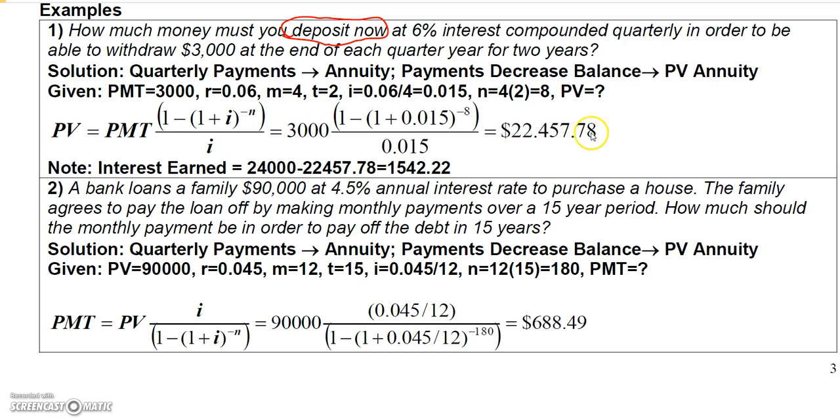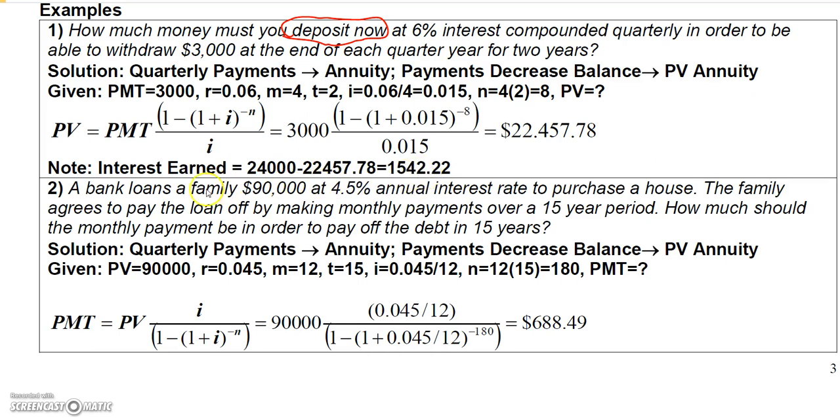But if you think about it, since I'm going to withdraw 8 payments of $3,000, that means I'm actually going to get $24,000 out of this deal, even though I only deposited $22,457.78. So the difference between the $24,000 that I'm going to withdraw and the $22,457.78 that I deposited has to be the interest that this account earns.